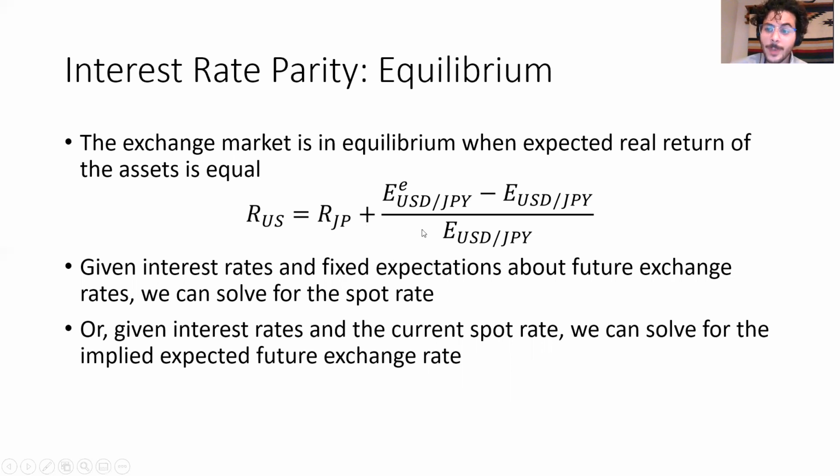And we know the spot exchange rates, but we rarely know expectations. Expectations are just something that people have in their mind. Some assets will reflect these, so there's yen futures or euro futures or something like that. But if we observe interest rates and the current spot rate, interest rate parity implies a certain expected future exchange rate. So that's a different economic problem.